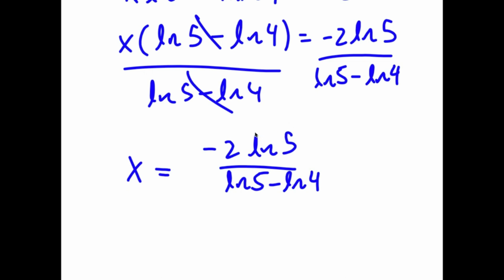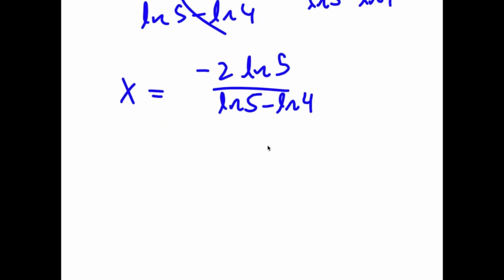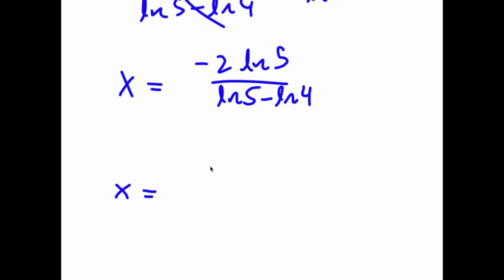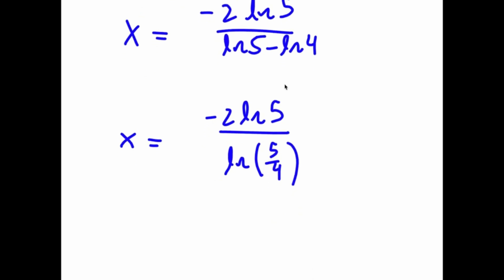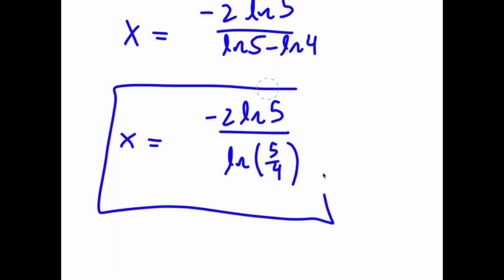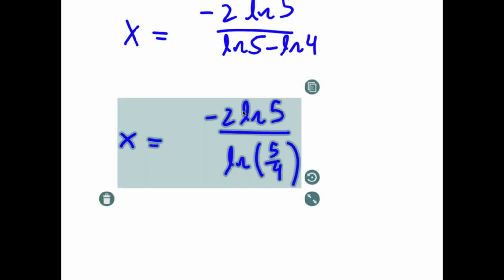Now, ln 5 minus ln 4, that's the same thing as ln of 5 over 4. So I have x is equal to negative 2 times ln 5 over ln of 5 over 4. This is my answer.